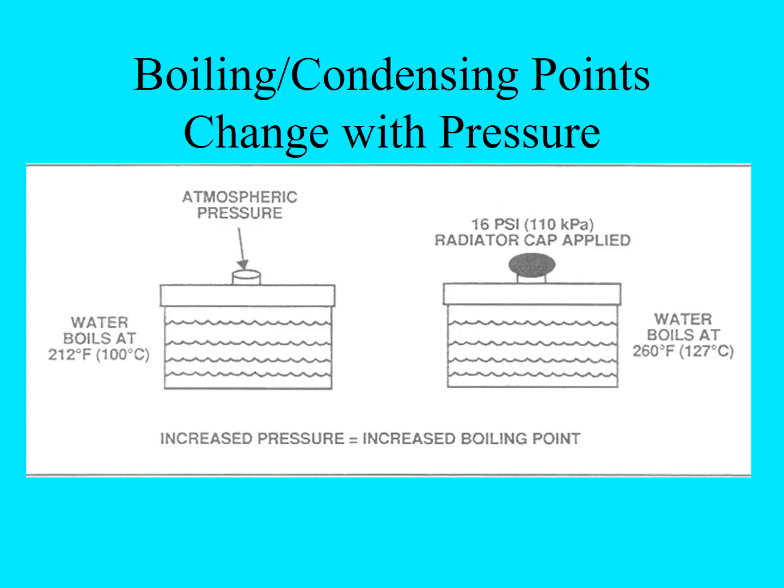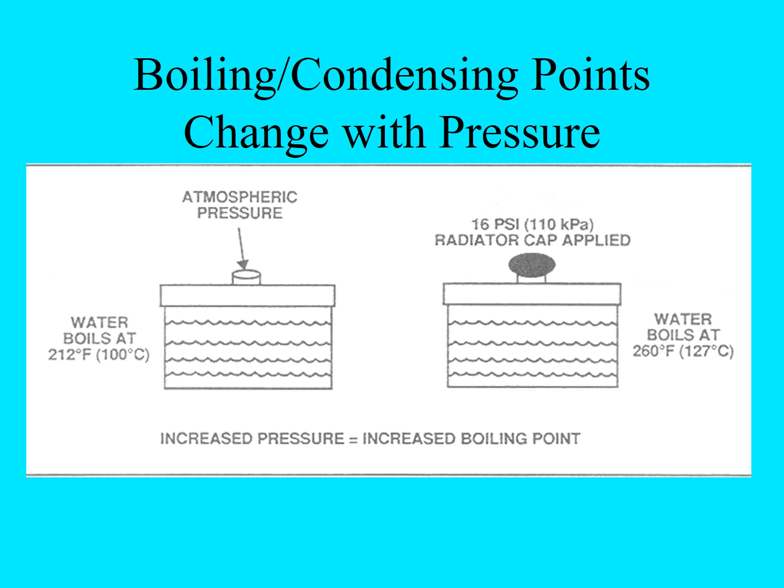So just like in the cooling system on a vehicle, if we have all water and we don't pressurize the cooling system in the vehicle, water boils at 212 degrees Fahrenheit. So if we had an open cooling system and water got up to 212, it's going to boil and evaporate.